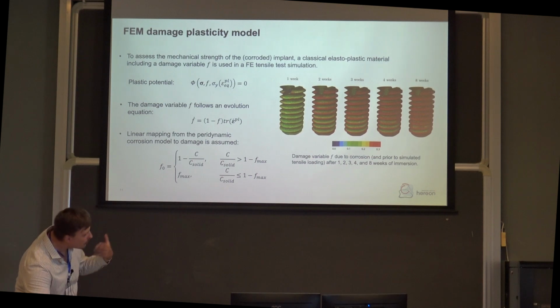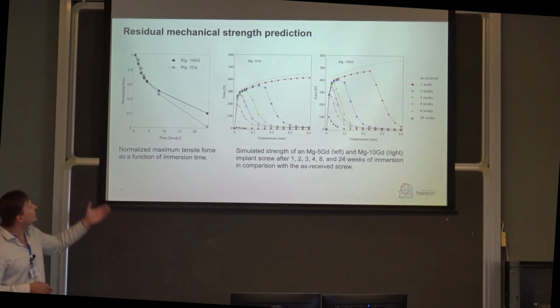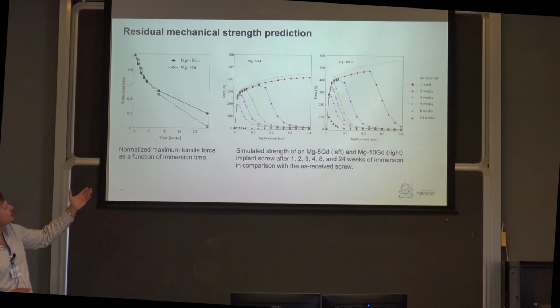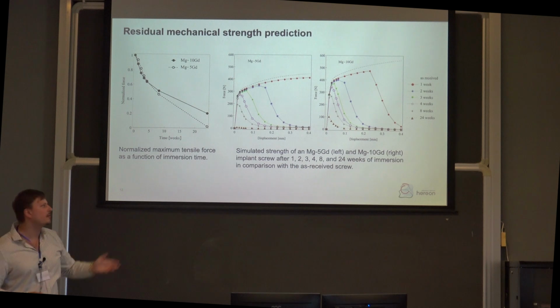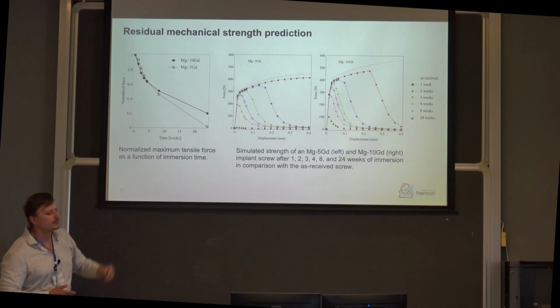So if we perform the finite element analysis, we can then make predictions and projections up to several weeks and predict the load carrying capacity of these bone implant screws after several weeks of corrosion or maybe months of corrosion. And this is what we obtain.